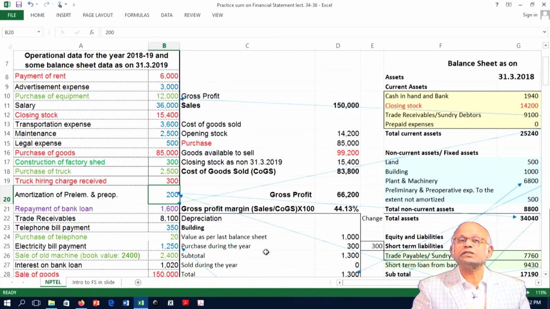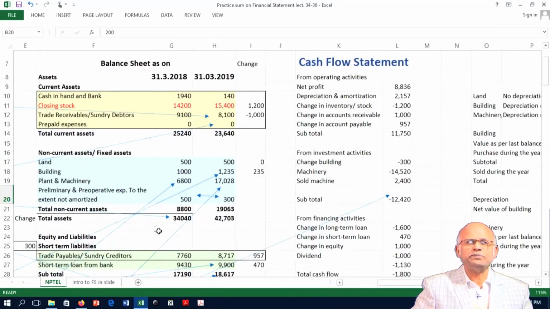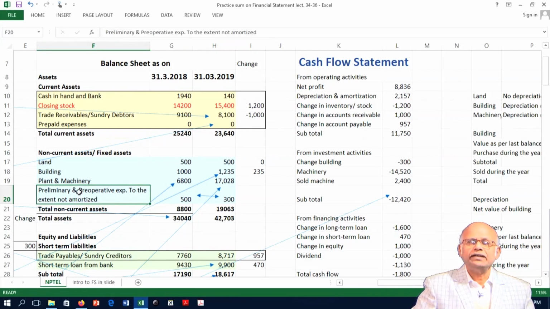So this is already expensed. Whenever we incur this kind of expenses, like research and development or advertisement expenses to create brand value, this creates some kind of intangible assets. Though preliminary pre-operative is not so much related to intangible assets, this is also an expense that you incurred, but you have not used up in a particular year.